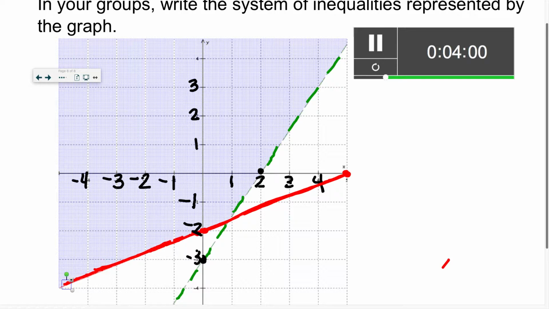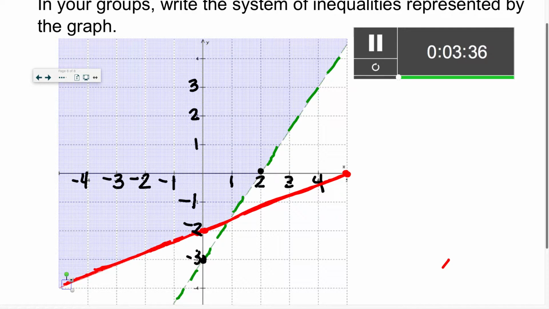You go up 2 over 5. Okay, so that's 2 over 5.